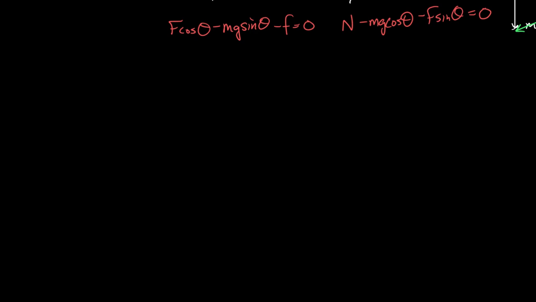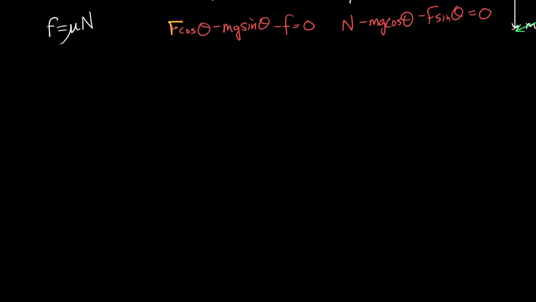We have one more piece of information that we can bring to bear in this problem, and that is we can introduce the coefficient of friction, which relates the normal force to the frictional force. So we have all these pieces. Now, take a pause for a minute and realize what you need to do.